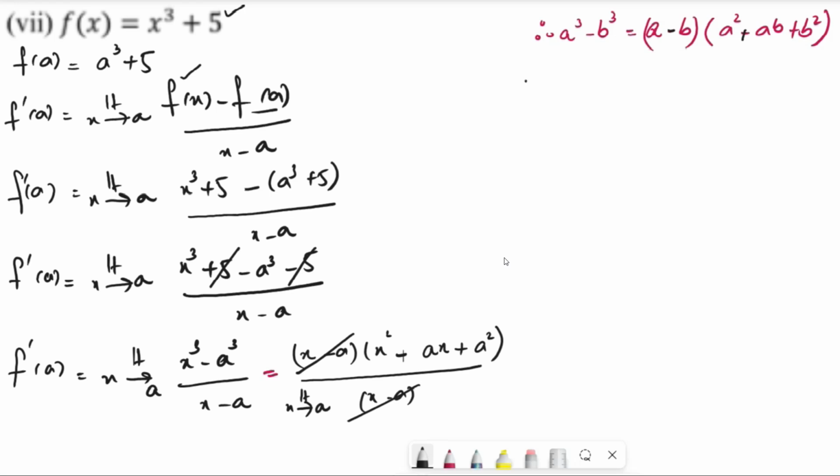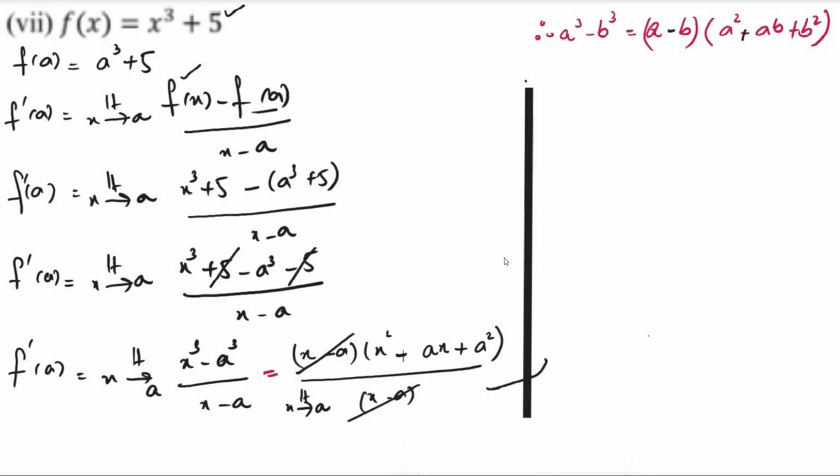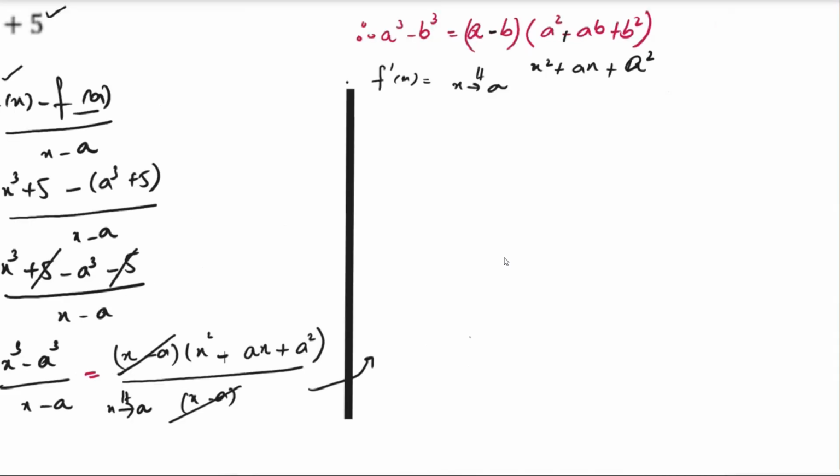So the remaining will be f dash of a is equal to the limit as x approaches a of x square plus ax plus a square.